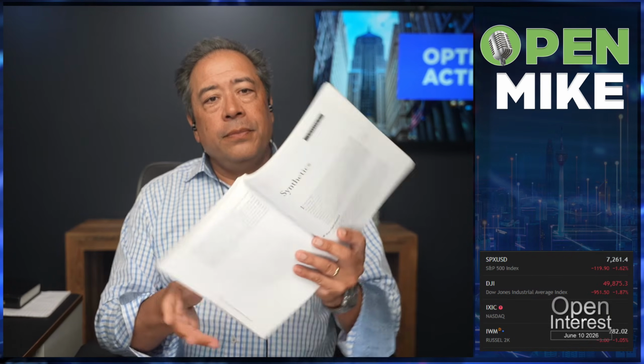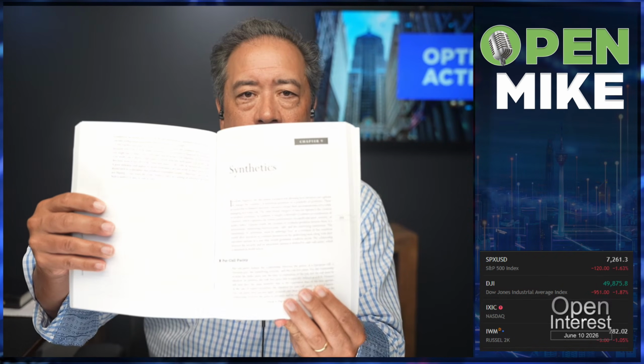In our book, we talk about synthetics, actually about the same period. But I'm really going to be talking about replicating stock, replicating calls and puts. That is about page 240 in our book. It is chapter 9. So that begins on page, oh, you can't make that out.